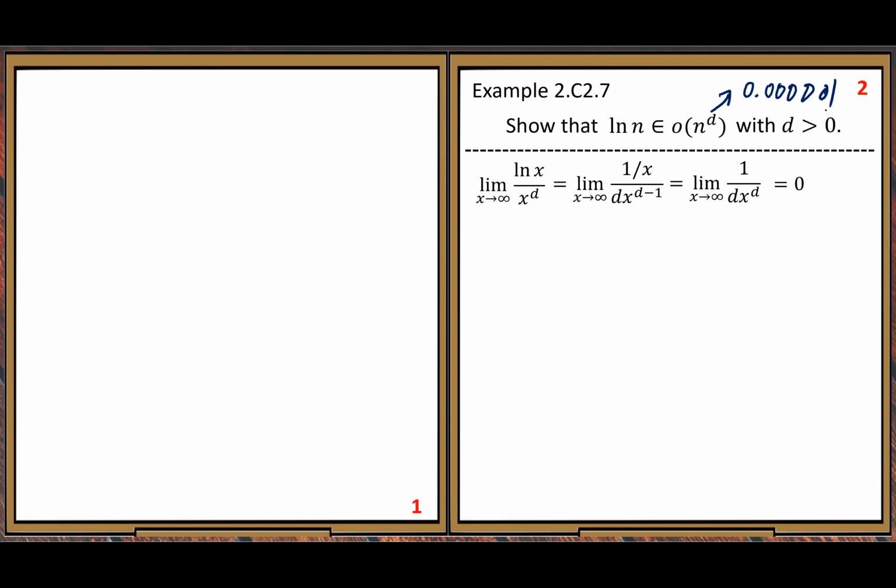n to the nth, the limit should be 0. But the hard part of the question is the limit. N factorial, how can you take the limit of the function like this? Even if you replace by a continuous variable, what's the meaning of x factorial? The definition is not that clear, although there is a definition.